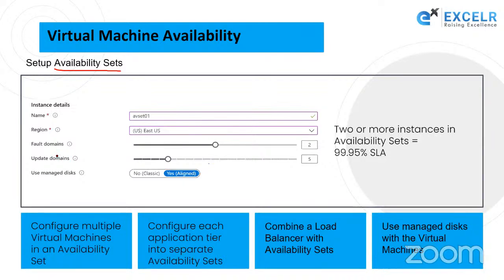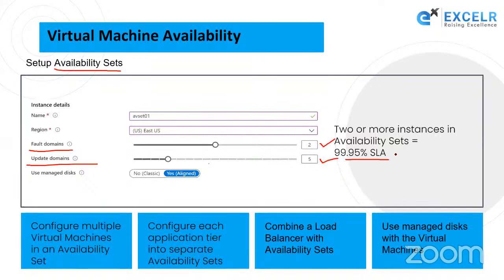There are two very important concepts which you have to remember: the fault domain and the update domain. We have to specify the number of fault domains and number of update domains to get an SLA of 99.95. If you have two or more instances within an availability set, then you are going to get 99.95% of SLA.